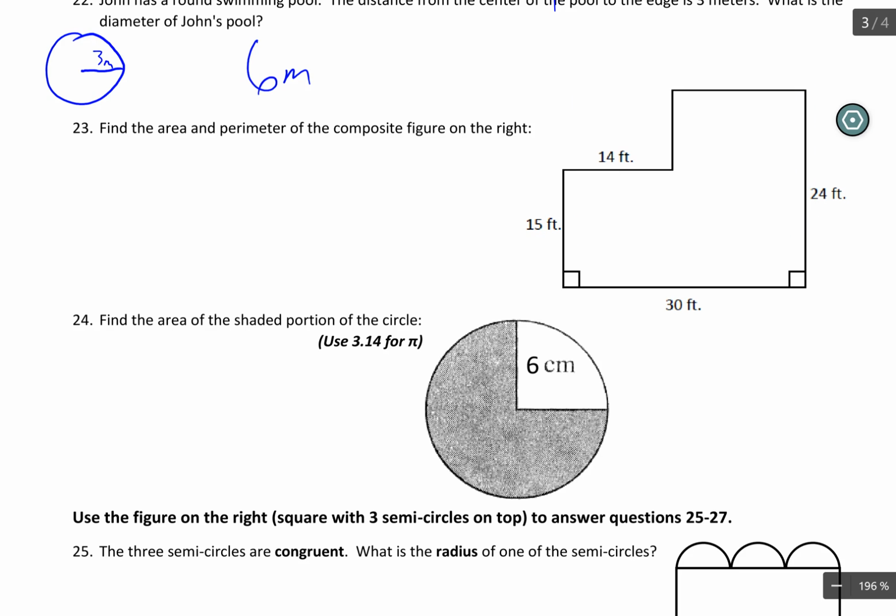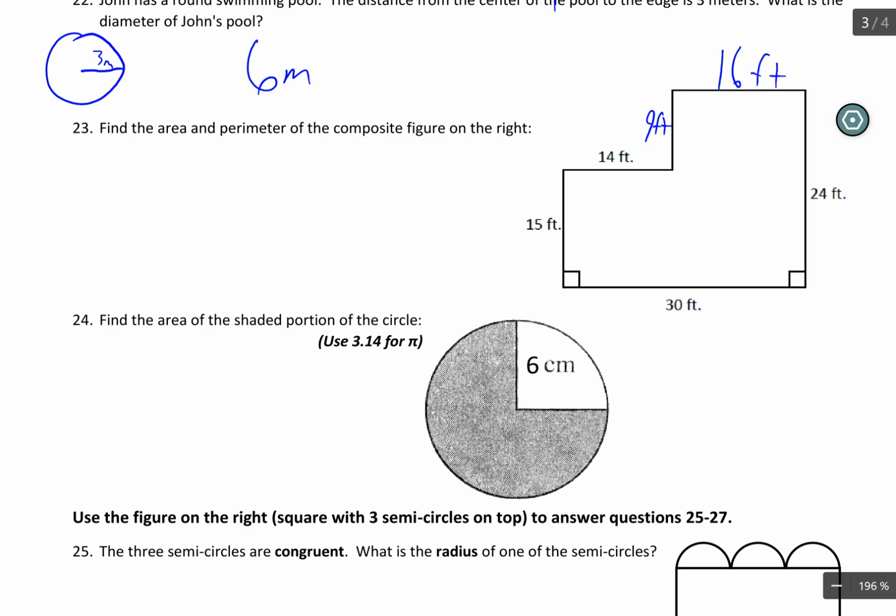So 15 of it's missing, and so 24 minus 15 is going to give me 9. So this one piece here is 9 feet. The whole thing across on the bottom is 30, so that would be 30, except I got some missing. So 30 minus this 14 that I have here. So 30 minus 14 is going to give me 16 feet.